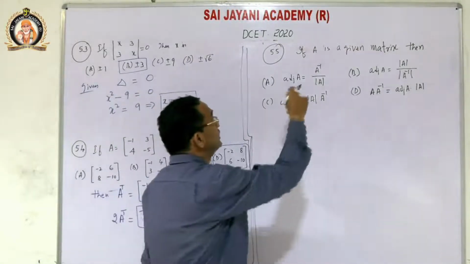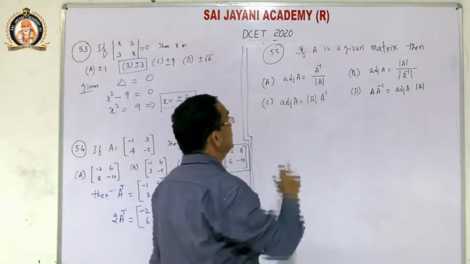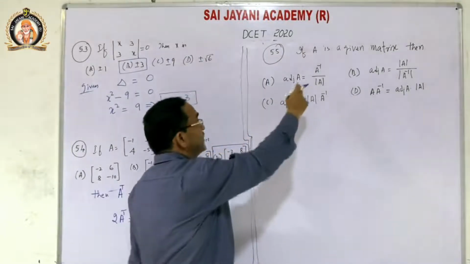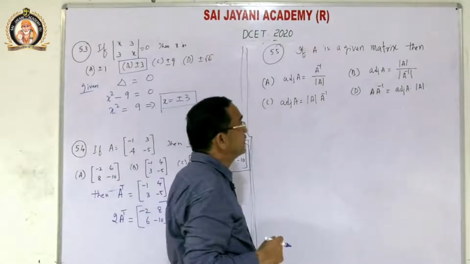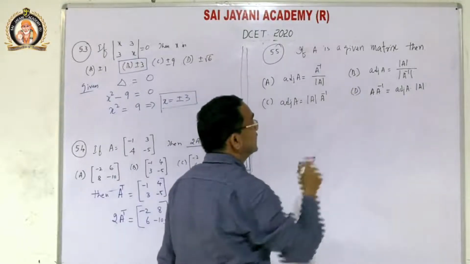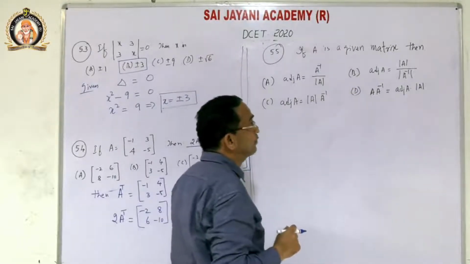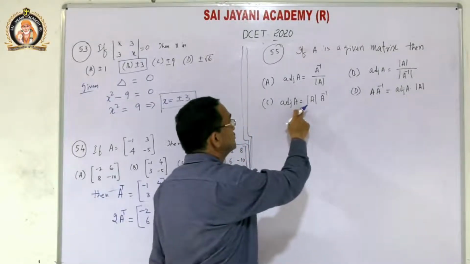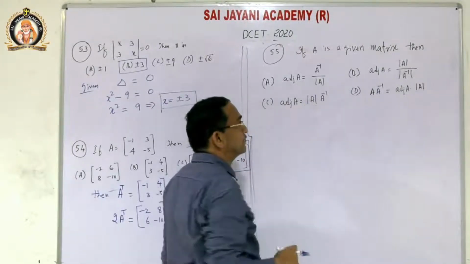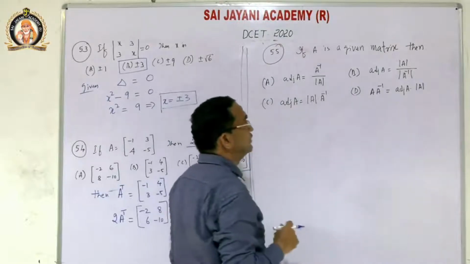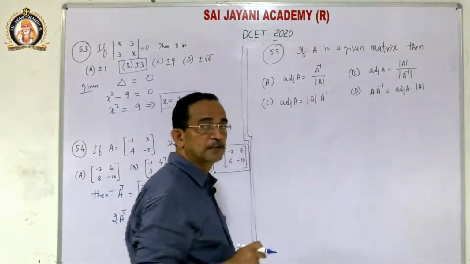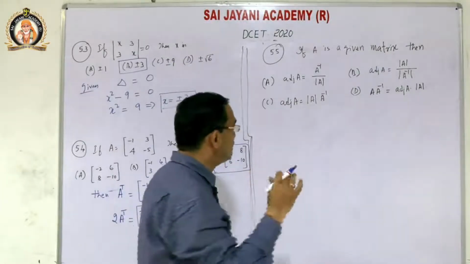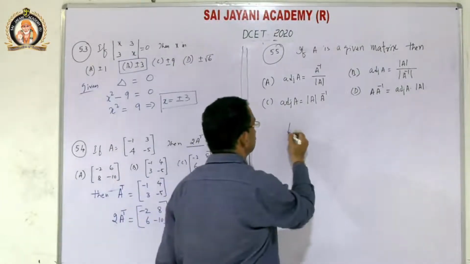See this one. If A is a given matrix, then which is right out of these 4? A: adjoint of A is equal to A inverse by determinant of A. B: adjoint of A is equal to determinant of A over determinant of A inverse. The next one is adjoint of A is equal to determinant of A into A inverse, and the last one is A into A inverse is equal to adjoint of A into determinant of A. Before that, we have to know how to define the inverse matrix.